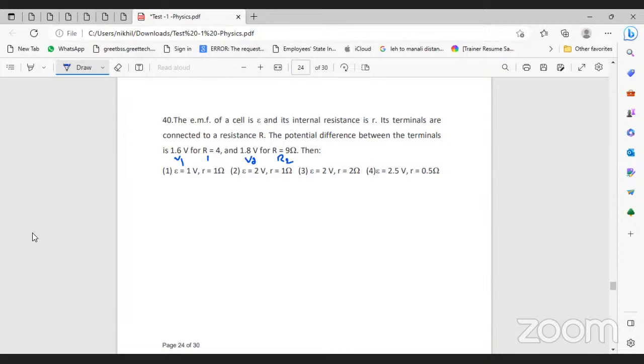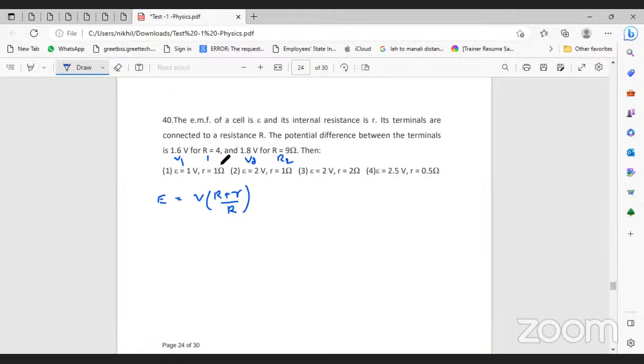Students, you know the formula for the electromotive force E. What is the formula for the electromotive force E? You know that it is V into (R plus internal resistance r) by the external resistance R. So the EMF formula is V into (R plus r) divided by R. Now, shall we write it for two cases?